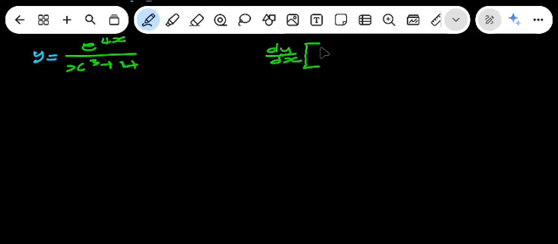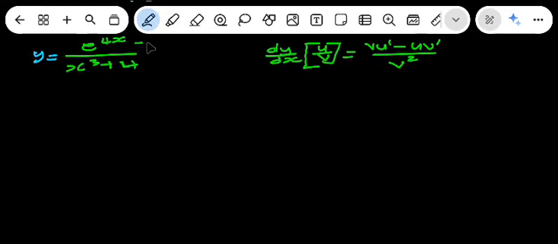All right, (u over v)' must be equal to v multiplied by u prime minus u multiplied by v prime, divided by v squared. Just follow that.